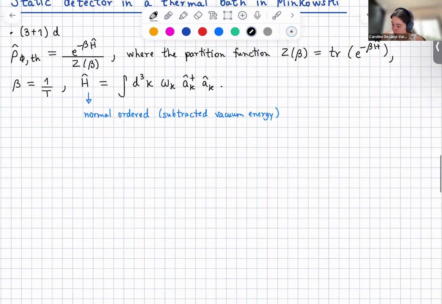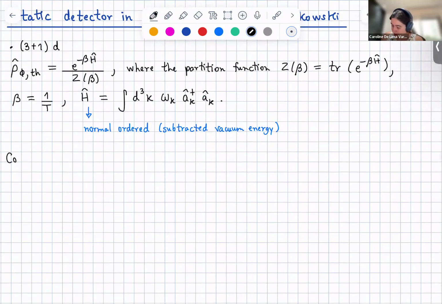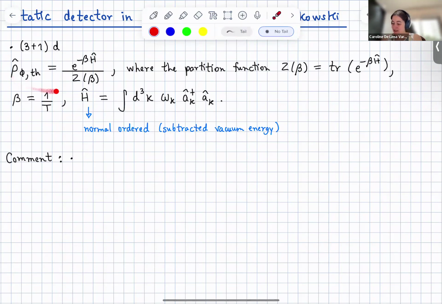Now, one important comment here before we proceed is that, in fact, I'm kind of cheating here. This is a cute definition for thermal states, which is a Gibbs definition of a thermal state. And it makes a lot of sense when you have finite systems.